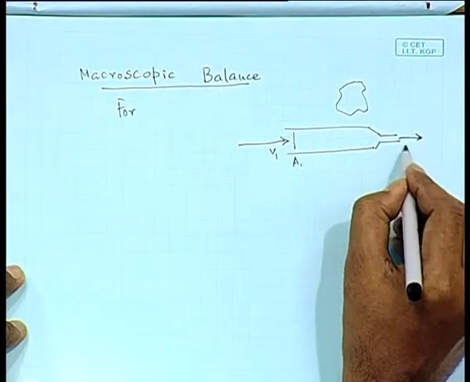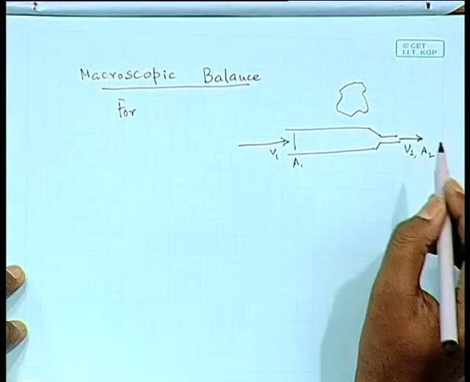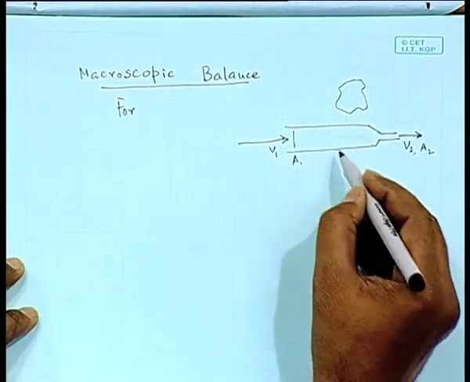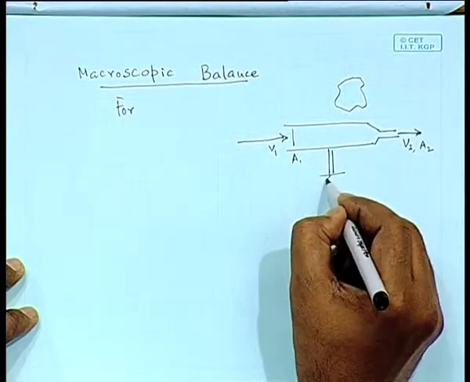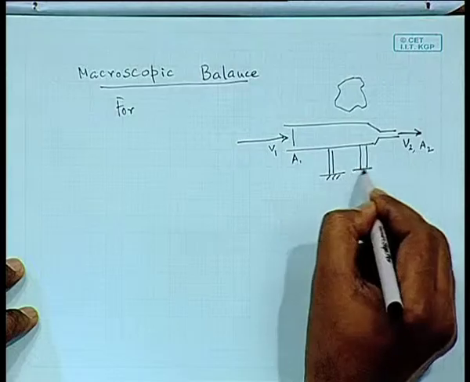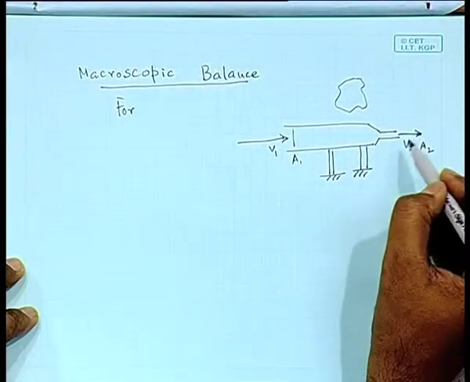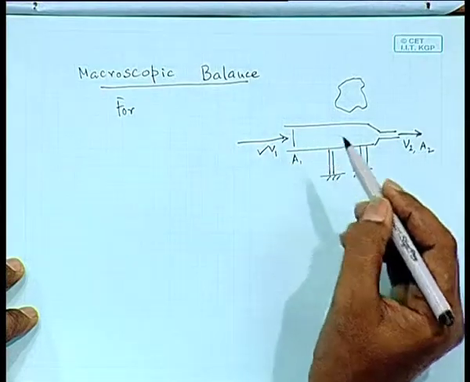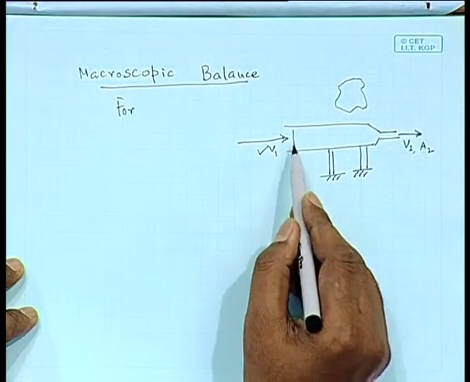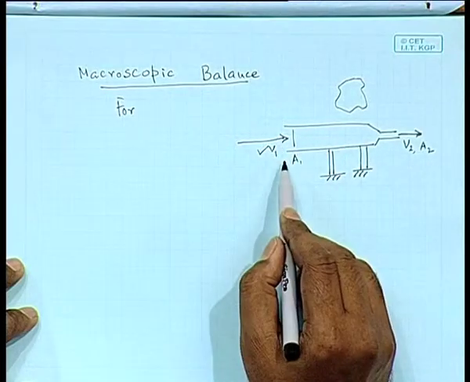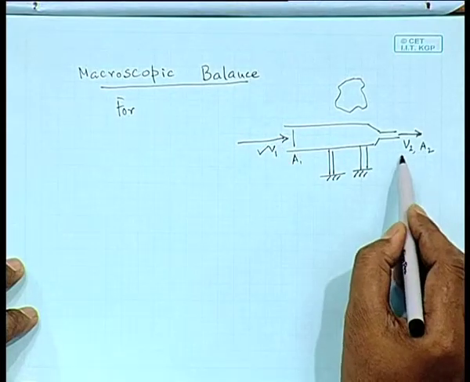It is going out with a velocity v2 and a2, and the whole thing must be kept over a support. Suppose this flow rate is known. Flow rate is known means the velocity is known, knowing the cross sectional area. So, doing an overall material balance, you can find out the velocity at the outlet.